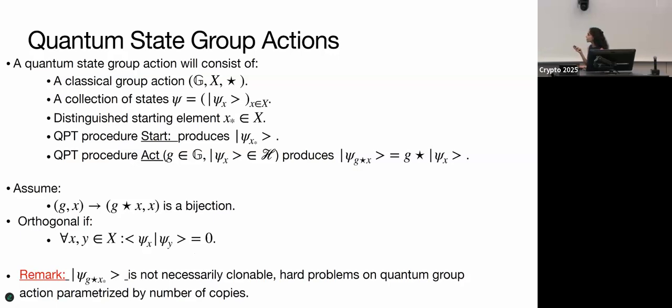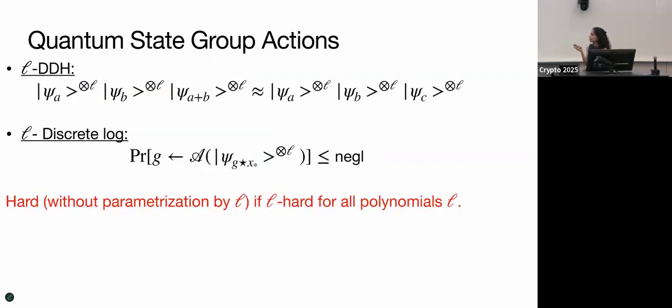So the hard problems on our quantum group action will be parameterized by the number of copies of the instance that we give. As an example, the LDDH assumption on quantum group actions would be: given L copies of psi A, L copies of psi B, and L copies of psi A plus B, this should be indistinguishable from L copies of psi A, L copies of psi B, and L copies of psi C, where C is some random element.